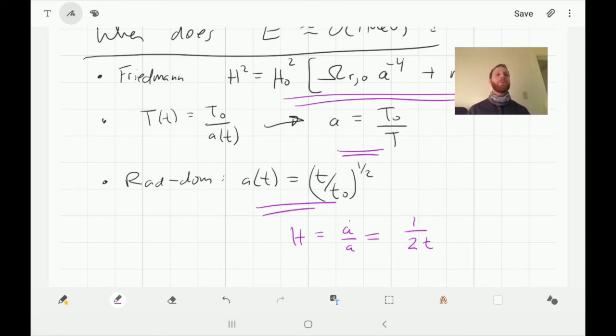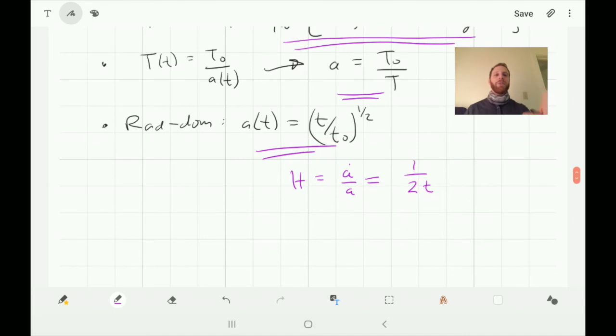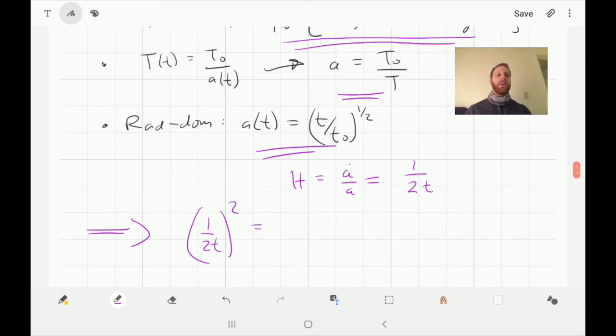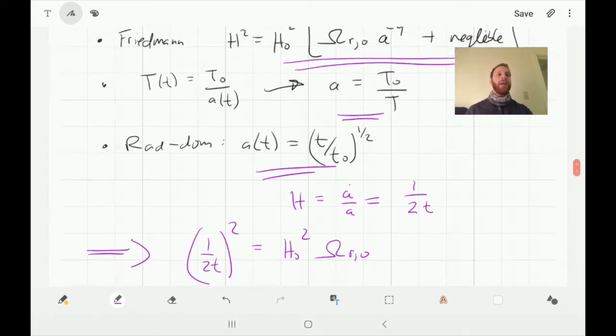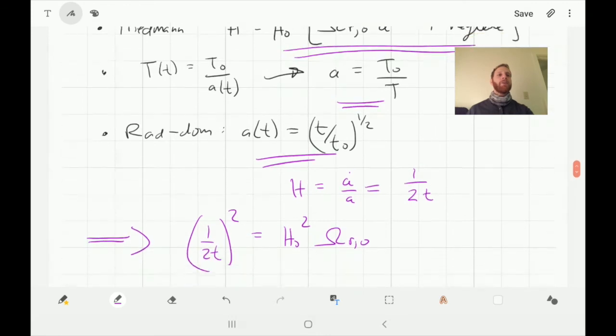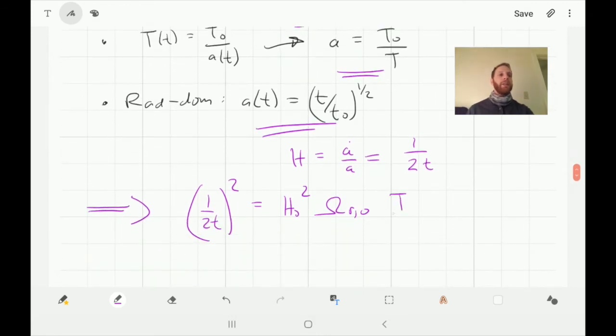But let's put all these facts together. What this apparently means is that, on the left-hand side, Hubble squared is 1 over 2t squared. This is equal to the Hubble rate today squared times omega radiation today, and then instead of a to the minus 4, I'll write this as t over t naught to the power of 4.